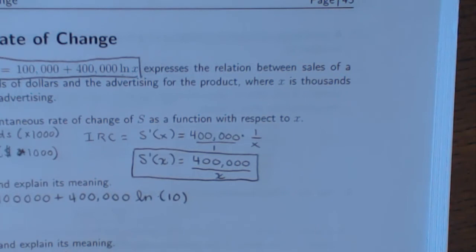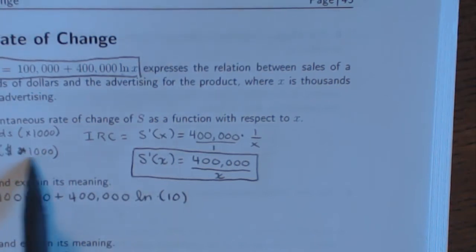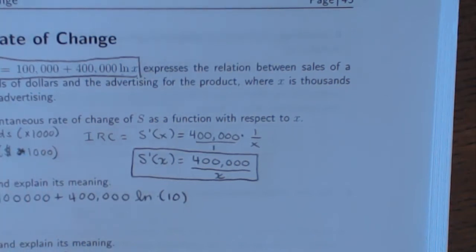The sales is increasing since it's positive at a rate of, this is what it's increasing at, but this is in thousands again. See? So 40,000 times 1,000 is 40 million. So it's increasing at a rate of $40 million per $1,000 spent on ads.